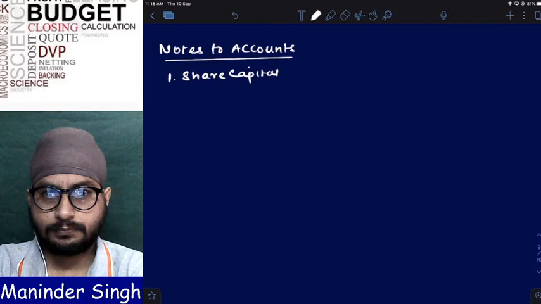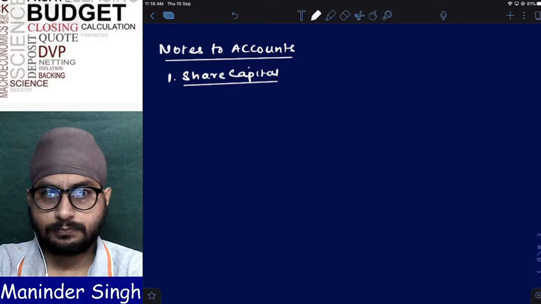In share capital, will there be any change? Simple question. Will it remain same or will it be changing? In both the methods. The only difference what I told you in both the methods is what? Reserves, correct or not?